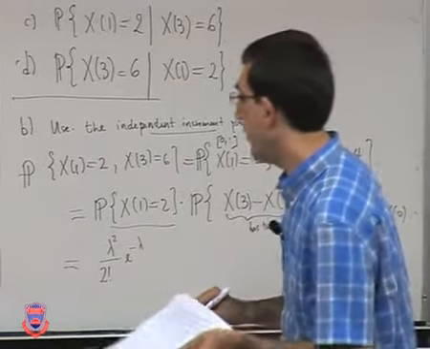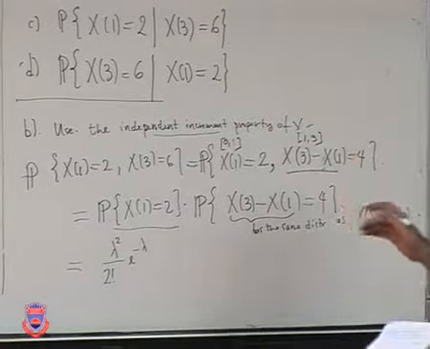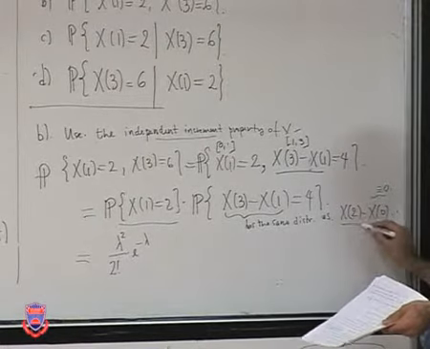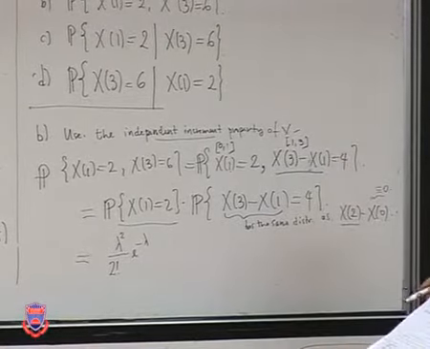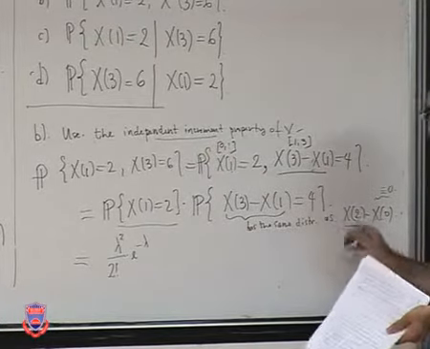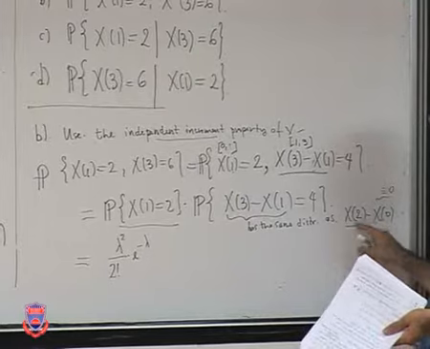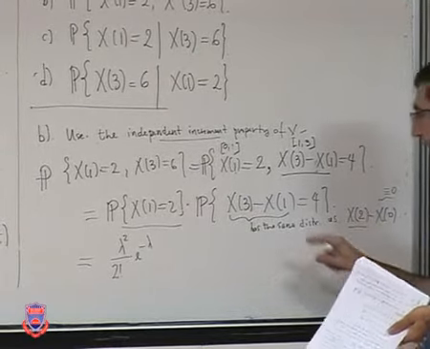And at time 0, I assumed that there were no customers in the facility, right? So this has actually the same distribution as X2, which is what? The Poisson distribution with now mean 2, okay?